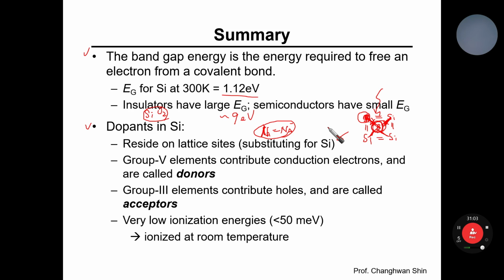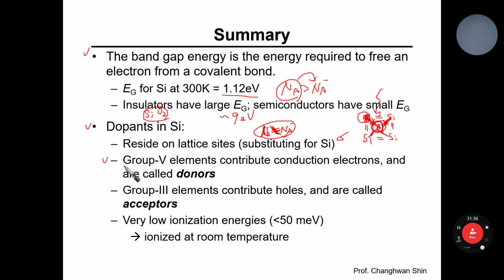If boron is simply included in a silicon material without any covalent bonds with the four neighboring silicon atoms, then this equation should not be correct. It should be like that: Na is not equal to Na minus. Maybe Na is slightly higher than Na minus. Only part of the acceptor is ionized, that is, only part of the acceptor has full covalent bonds with the four neighboring silicon atoms.